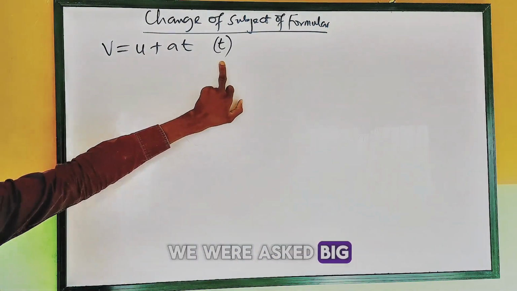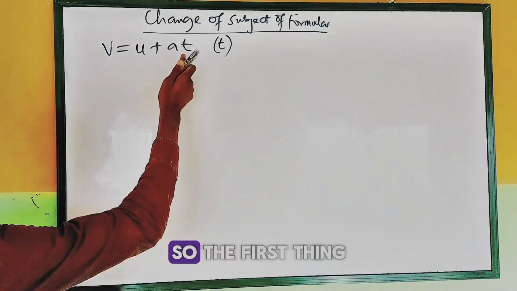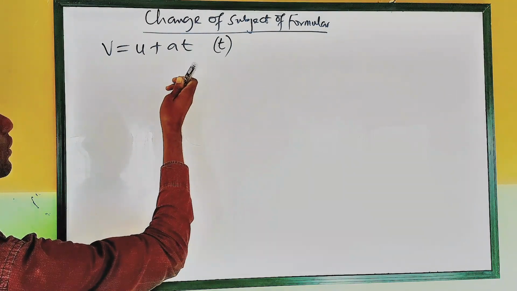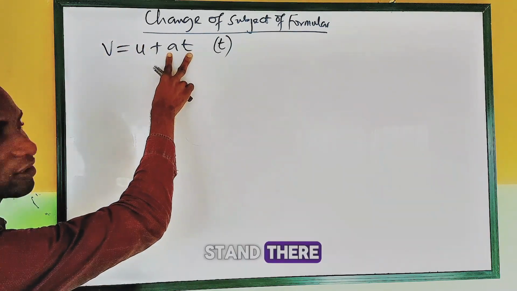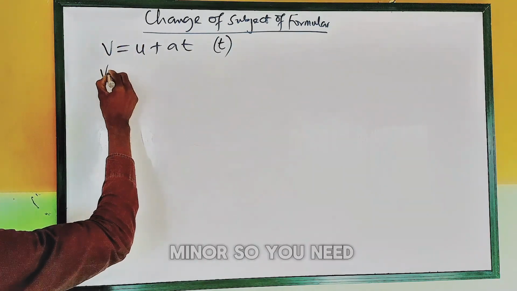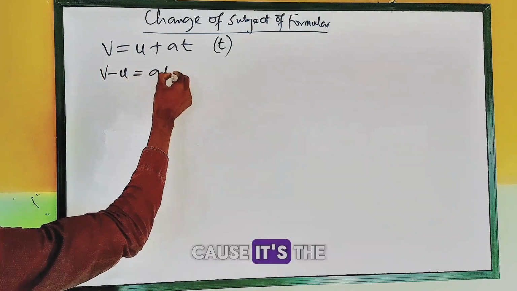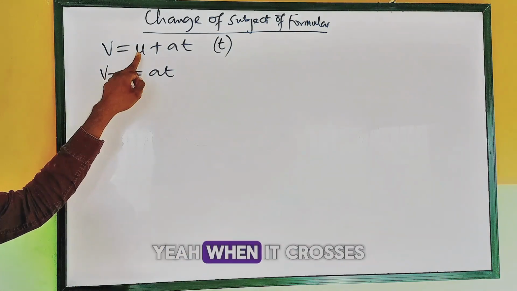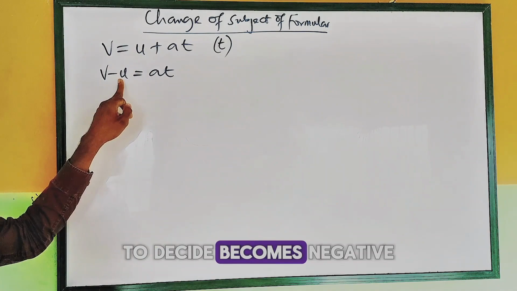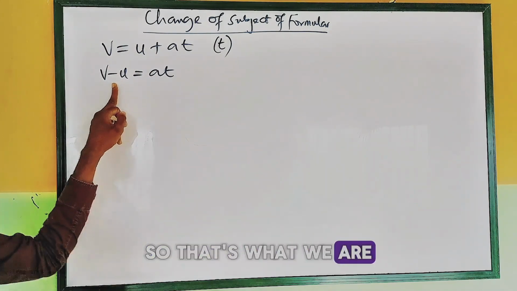We were asked to make T the subject of formula here. So the first thing you want to do is move this value to this side so that this can stand alone. So you have V minus U equals AT. There is an invisible positive sign here. When U crosses to this side, it becomes negative. That's why we have minus.